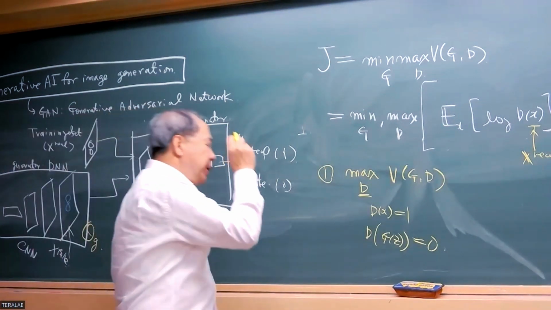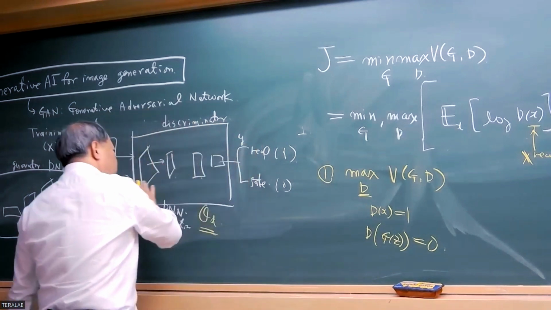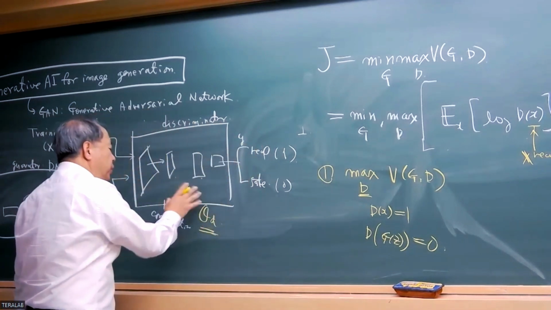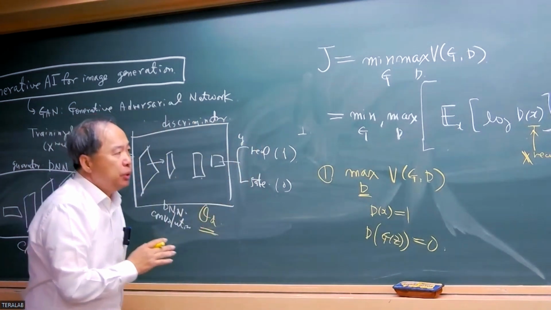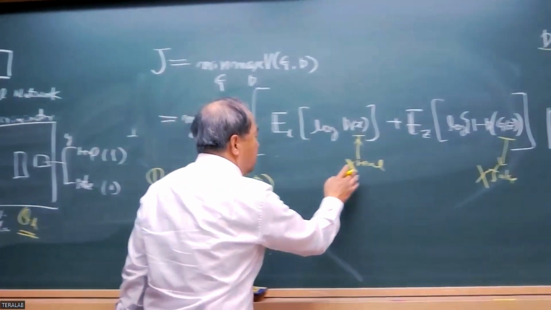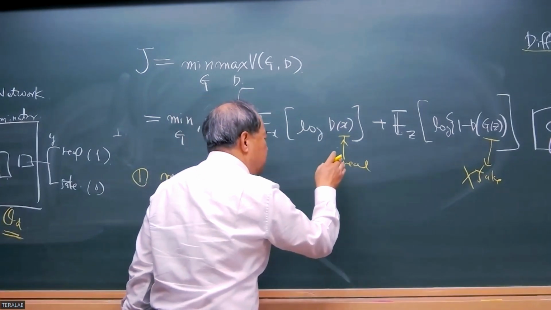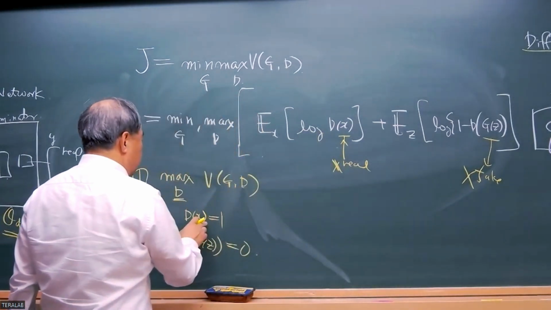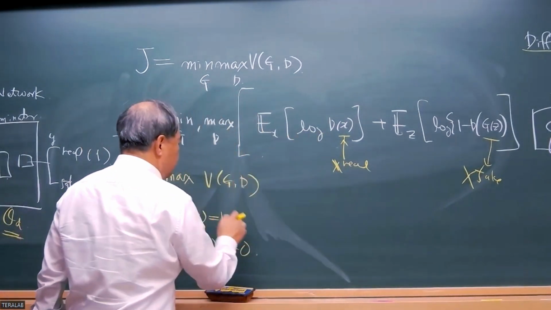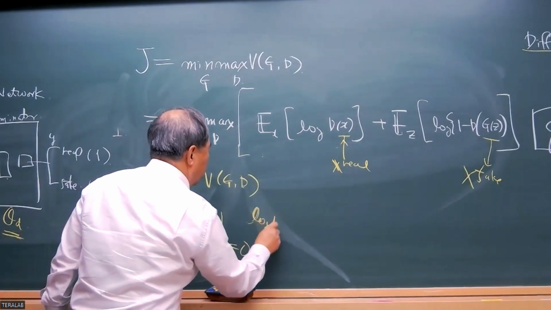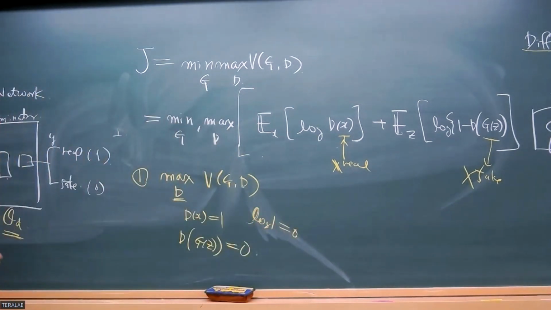So to train this network, first you have to train discriminator so that if your input is real, the output should be equal to 1, then log 1 is equal to 0.